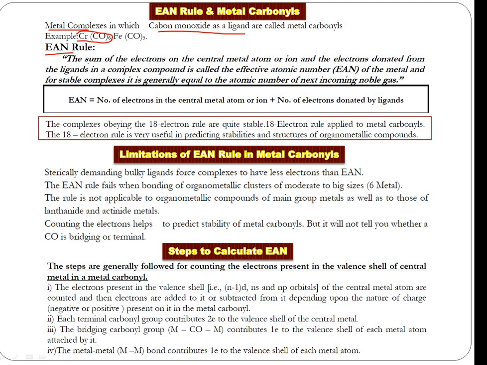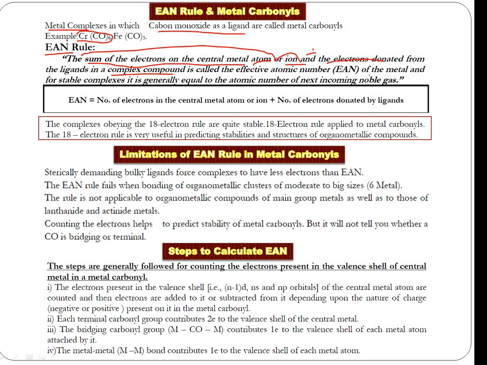It tells us the sum of electrons on the central metal, whether the metal is in the atomic form or ionic form, and the electrons donated by the ligands in a coordination complex. Okay? So I can just show you how we actually write this. This is basically the number of electrons on the metal, whether in the atomic form or the ionic form, plus the electrons donated by the ligands.